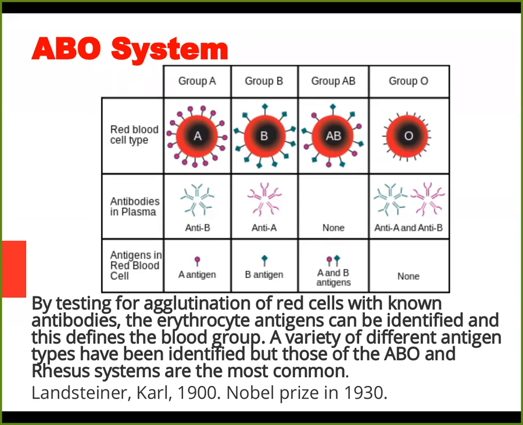Some persons have only one agglutinogen, one type of proteins on surface of red blood cells. Some persons have both A and B proteins on surface of red blood cells. And some persons have neither of these types of proteins, not A and not B. They are named O or 0.